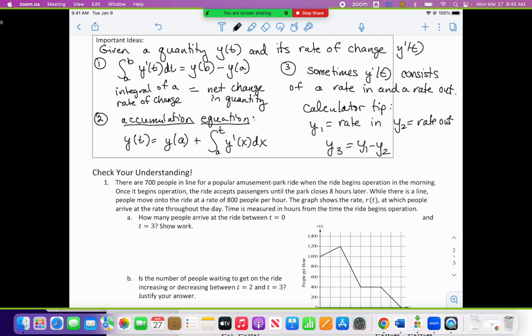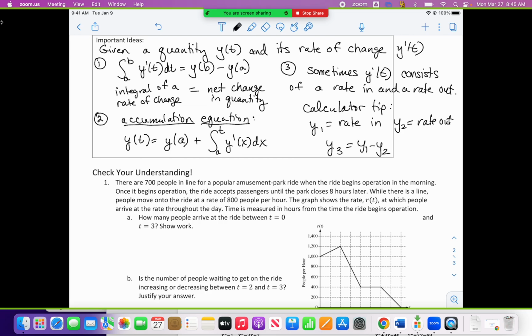All right, so let me give you about 5 minutes, and I want you to try the check your understanding. There are 700 people in line for a popular amusement park ride when the ride begins operation in the morning. Once it begins operation, the ride accepts passengers until the park closes 8 hours later. While there is a line, people move onto the ride at a rate of 800 people per hour.